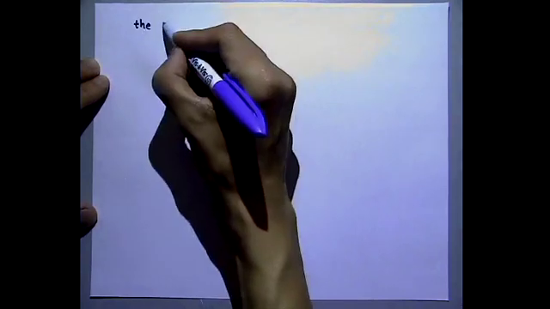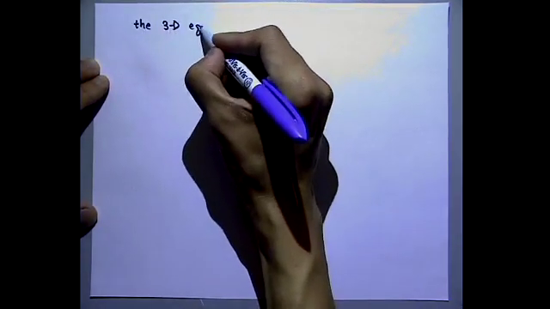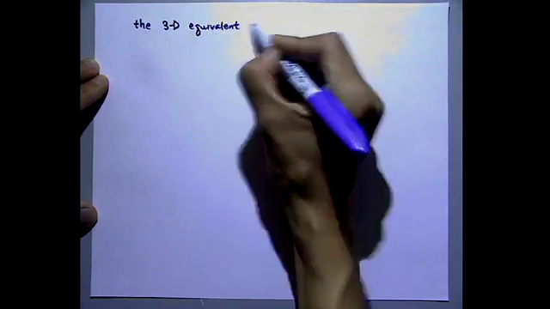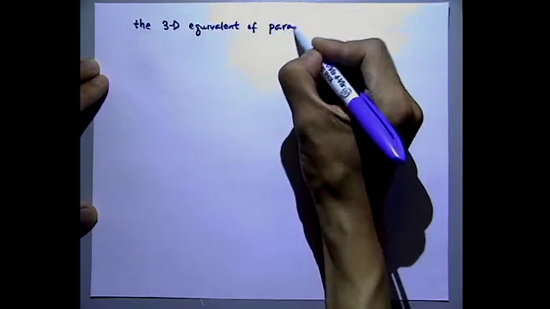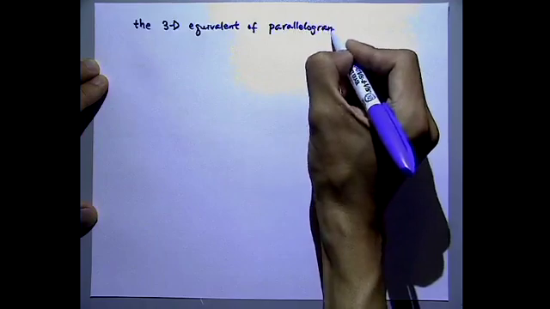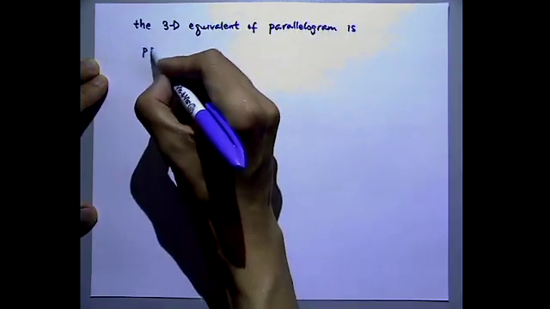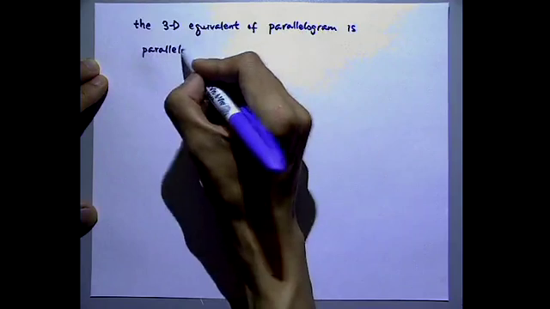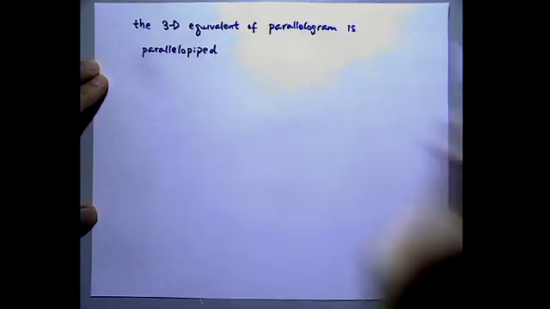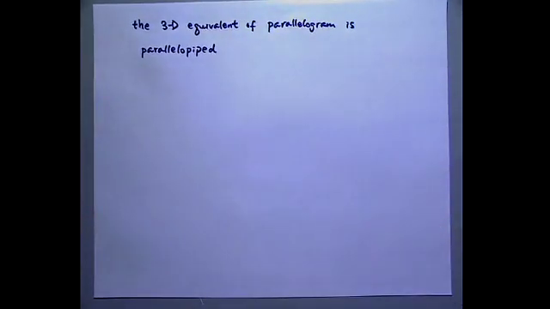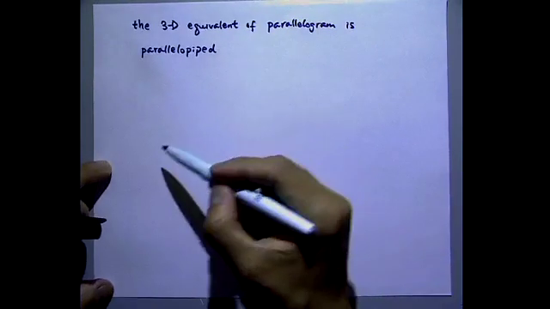All right, one last thing with the cross product. The 3D equivalent of a parallelogram is called a parallelepiped. And so let me sketch what this thing might look like.